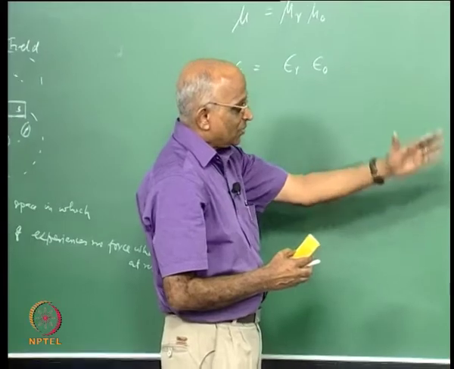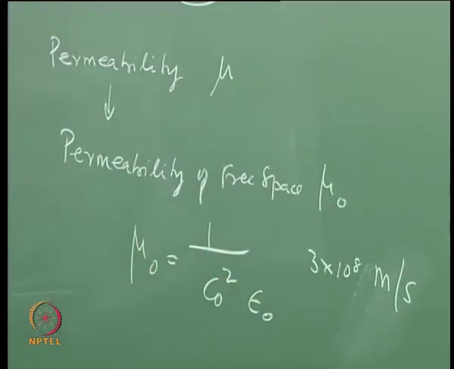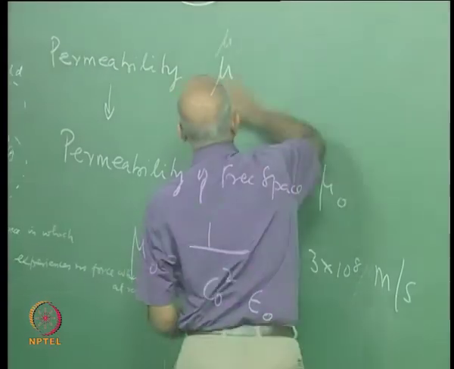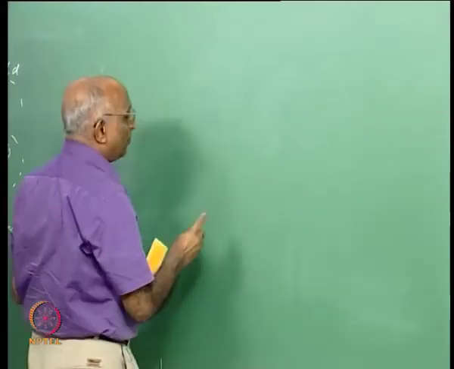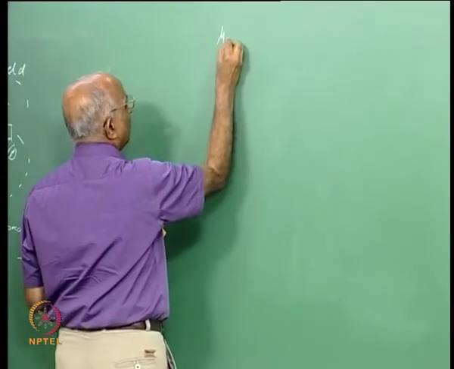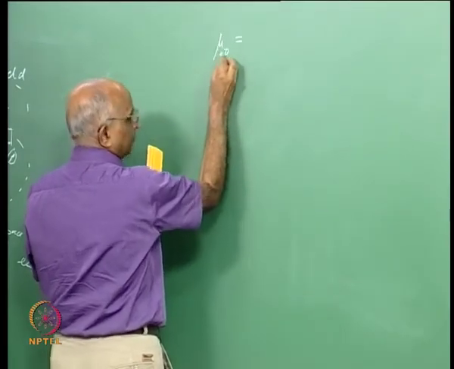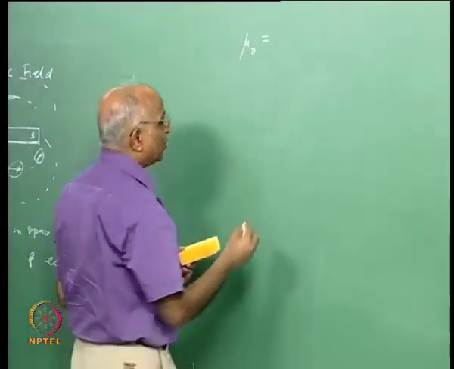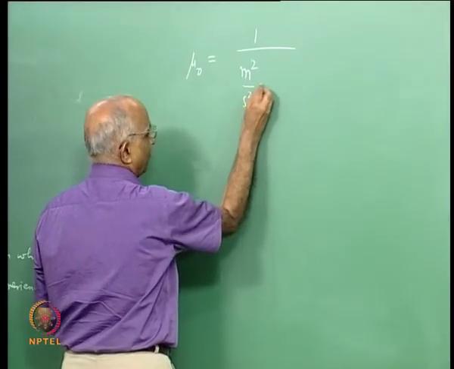Therefore, let us get how will I define the units of permeability? See, because units are important, without units we cannot do a problem, or we will not be able to understand something. Therefore, let us say the unit of mu naught is equal to 1 over c naught square, 1 over meter square by second square.